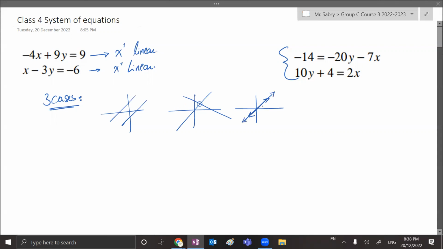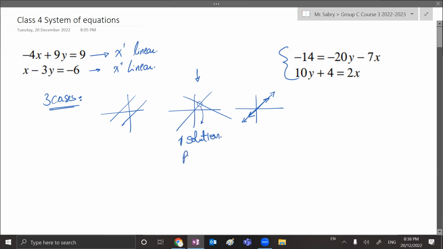So these are the three possible cases in any system of equations. If it has only one point of intersection, this means it has one solution and it can only have one solution. And this solution is the point of intersection itself. So the point of intersection is the solution of the system.